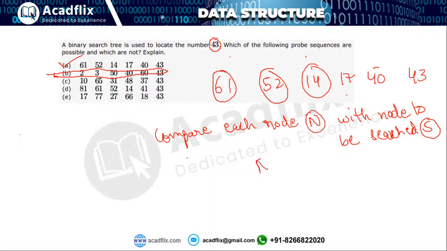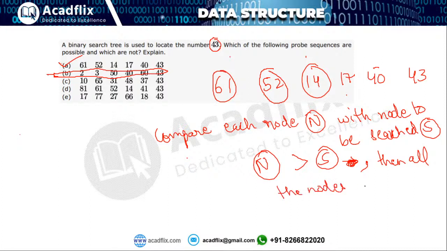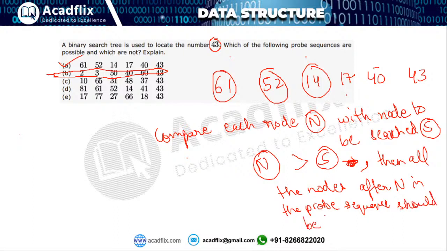Now there can be two cases. If n is greater than s, that is, if the node n which we are coming across in this sequence is greater than the node to be searched, then all the nodes after n in the probe sequence should be less than n.